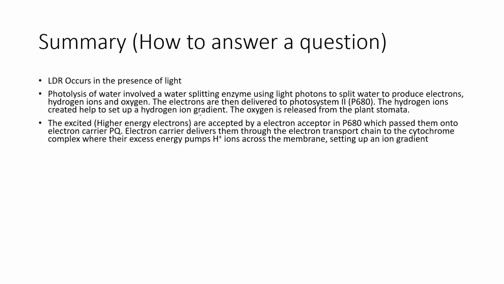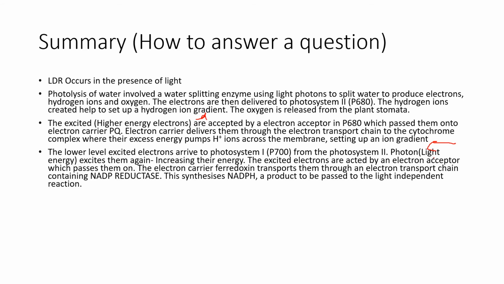So the photolysis of water, as well as the cytochrome complex, both help to set up a hydrogen ion gradient in the thylakoid space. Now, the lower level excited electrons arrive at photosystem 1. Photons, also known as light energy, excite them again, increasing their energy.